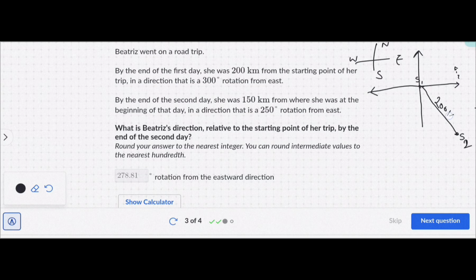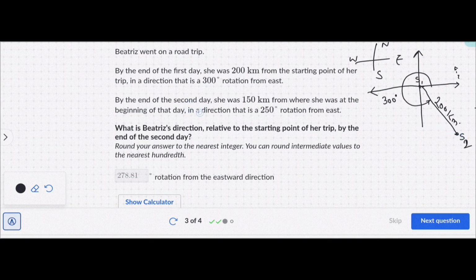This is 200 kilometers, and this angle is 300 degrees. Now, by the end of the second day, this is the end of the first day.